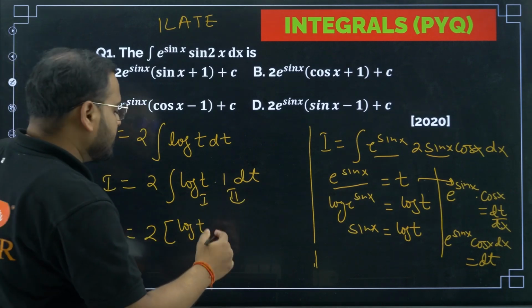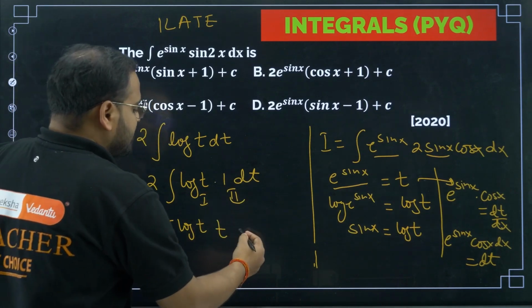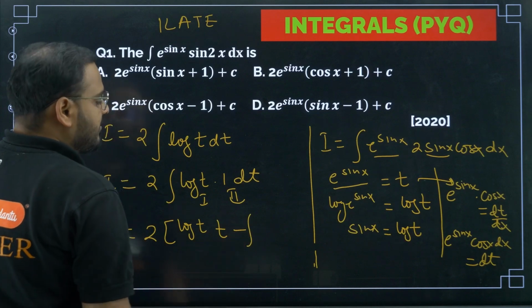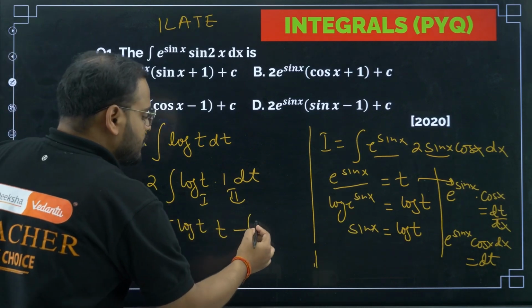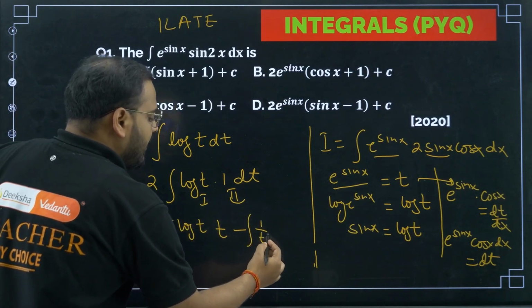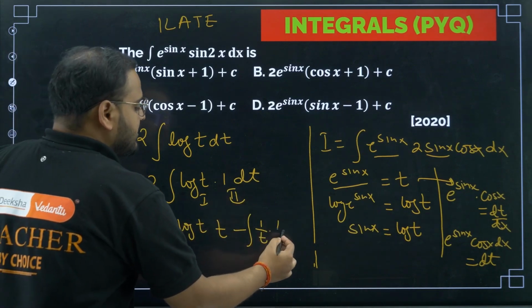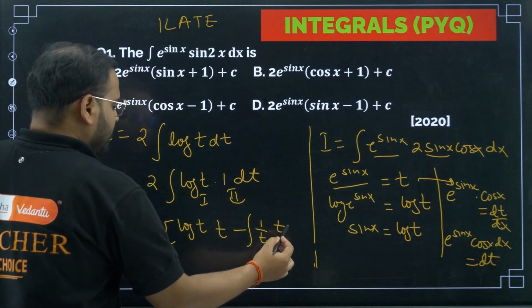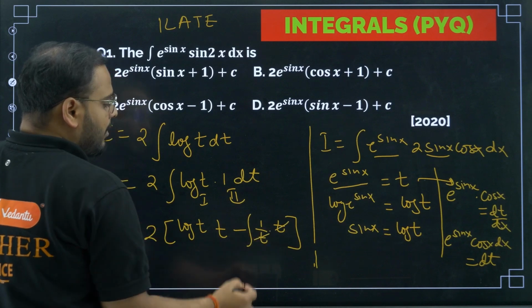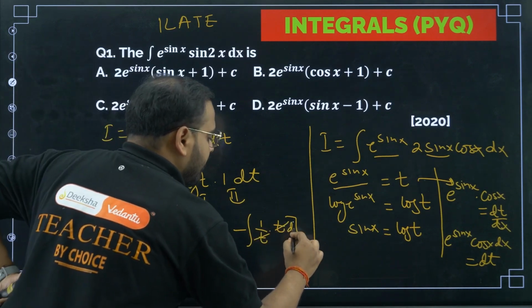That's going to be simply t. Minus sign will come, integral of the first function's differentiation, so log t differentiation will be 1 by t, and the integration of the second function 1 will come as t again. This whole thing will go out and I'll have a dt again.